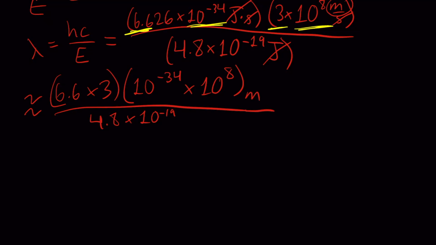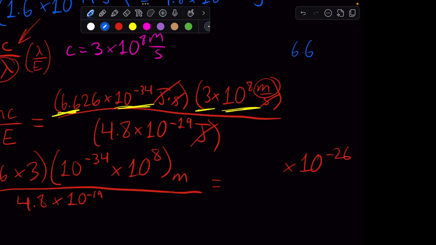Now we can easily combine these values here. When you multiply, you're adding the exponents. So negative 34 plus 8 is going to give us times 10 to the negative 26. Now 6.6 times 3: 6 times 3 is 18, 18, 19, decimal right here, 19.8.